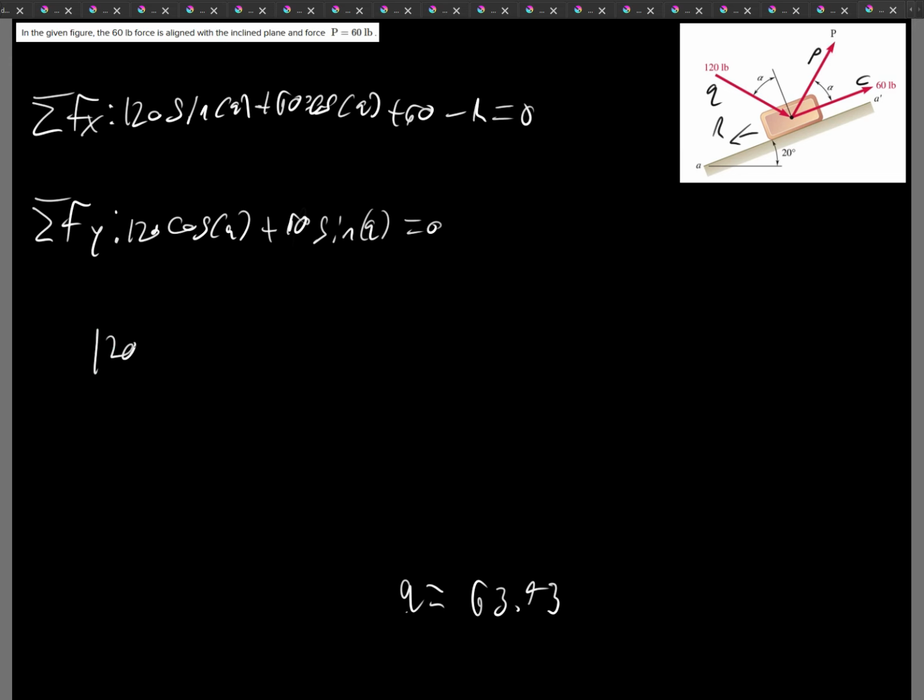So 120 sine of 63.43 plus 60 cosine of 63.43 plus 60 equals R. So if we do 120 sine there plus 60 cosine of A, we add 60 to that.